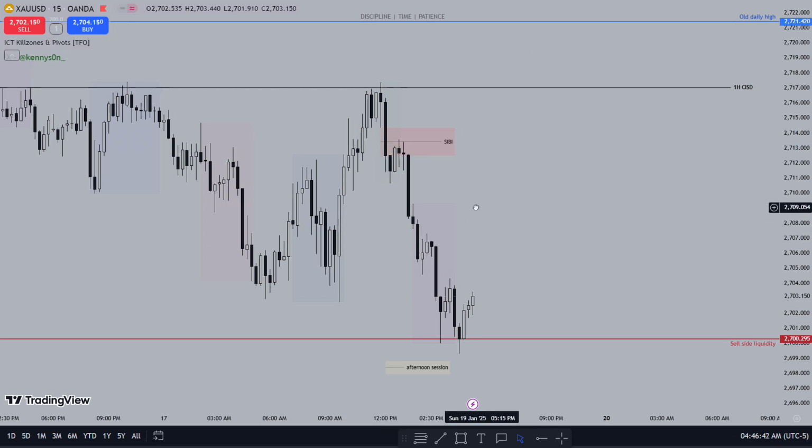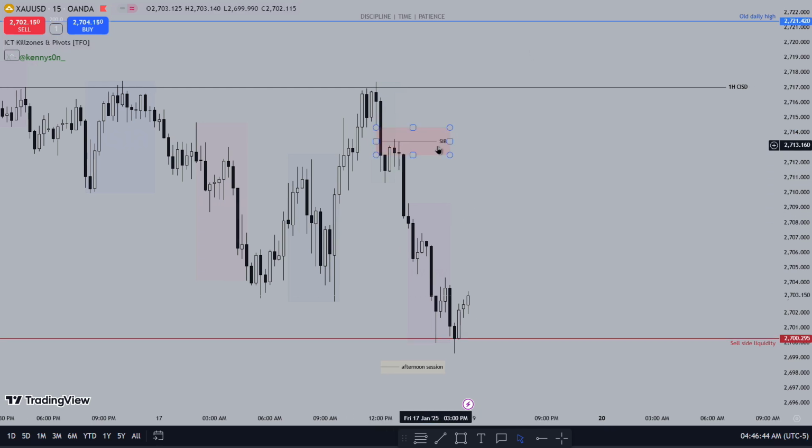And then you can enter off this CB because this is an institutional order flow entry drill.